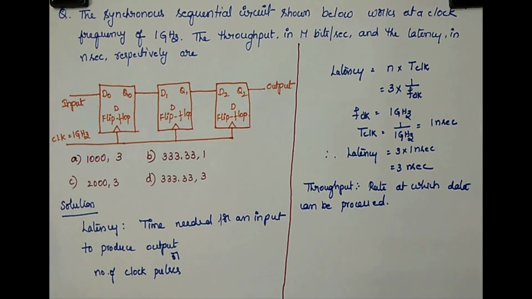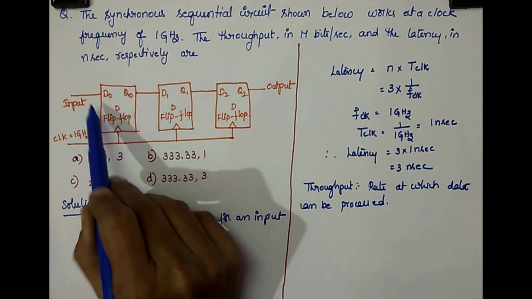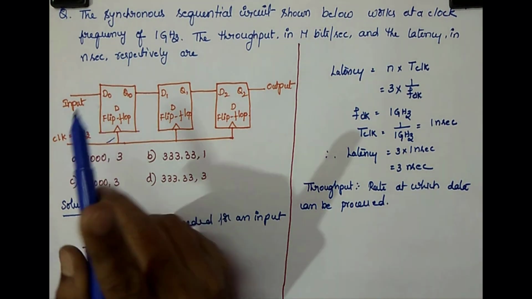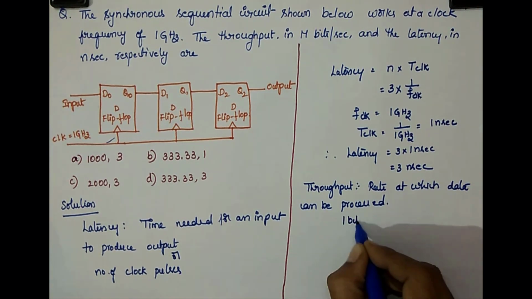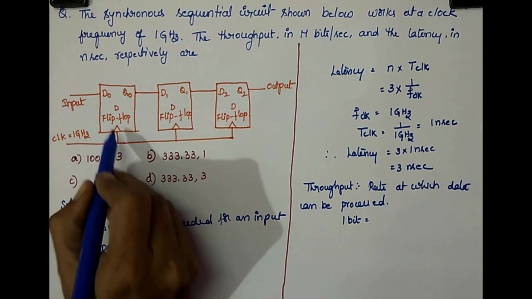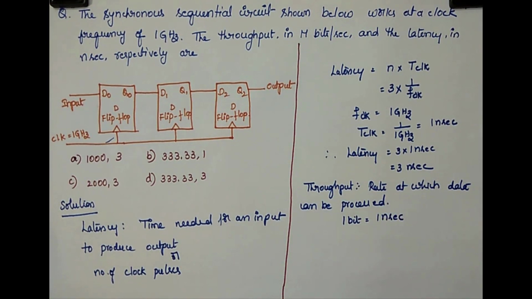That is nothing but throughput. So here in our circuit, in 1 flip-flop we can process 1 bit of data. To process 1 bit of data, we need 1 clock pulse, means 1 nanosecond time is required to process 1 bit of data.